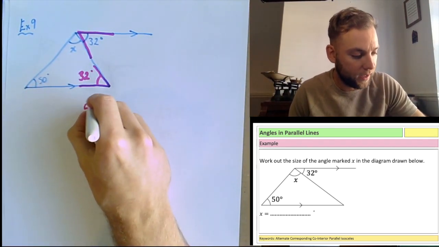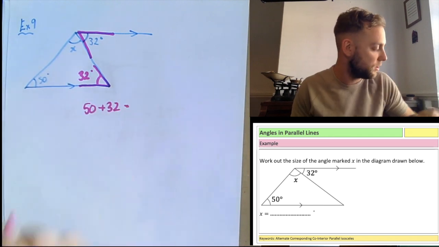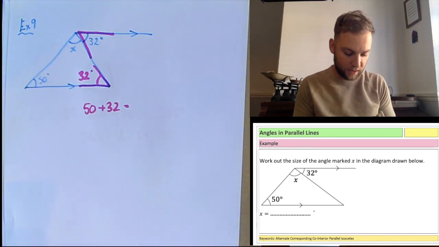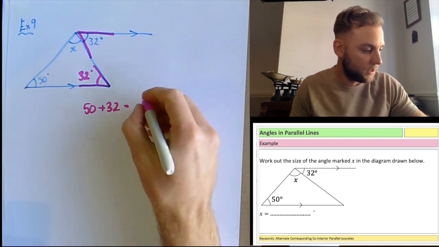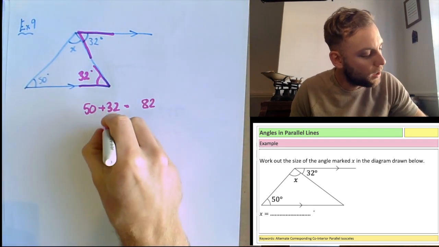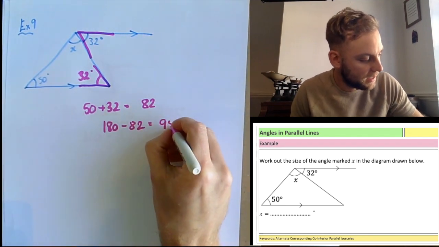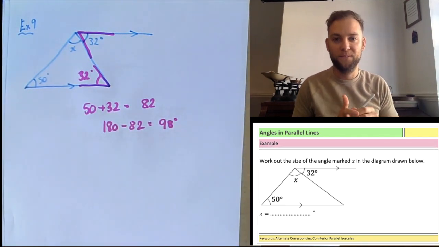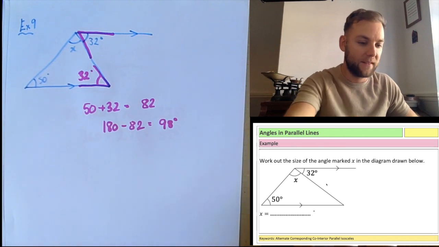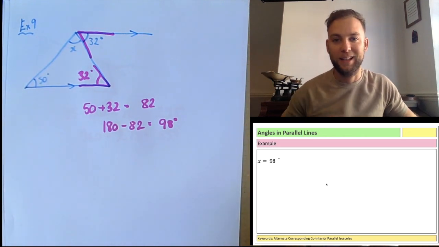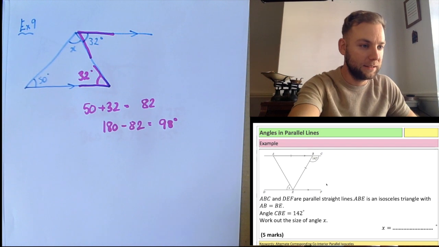So I do 50 plus 32, which is equal to 82, and then 180 minus the 82 is going to be equal to 98 degrees. Super. So let's just check that. 98 degrees, brilliant.